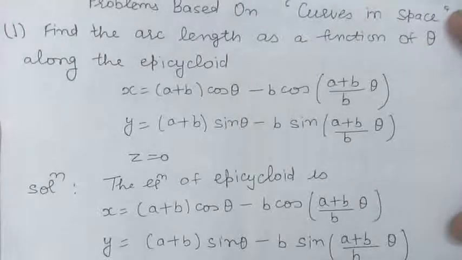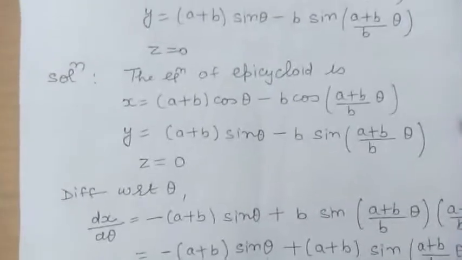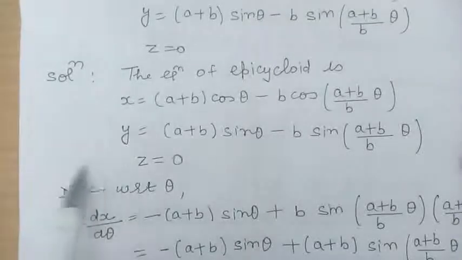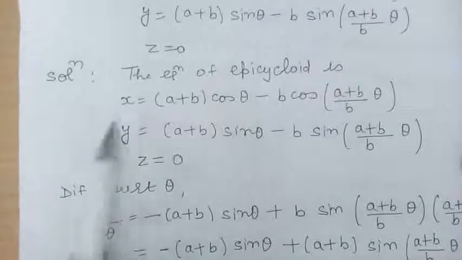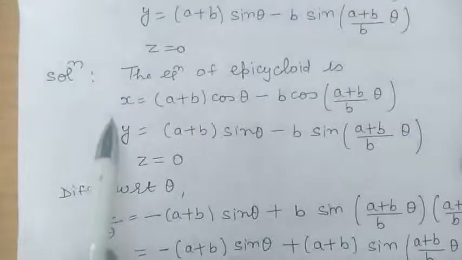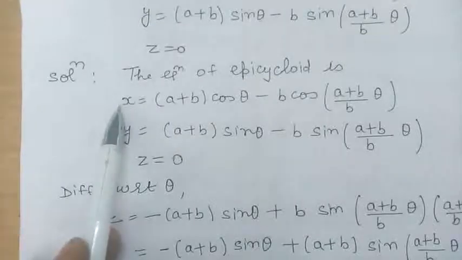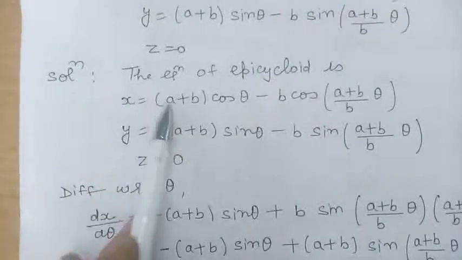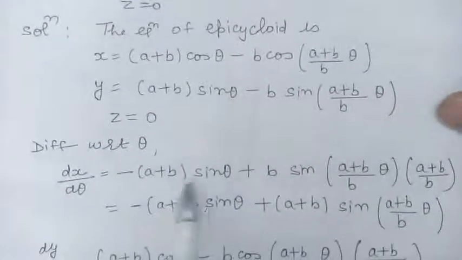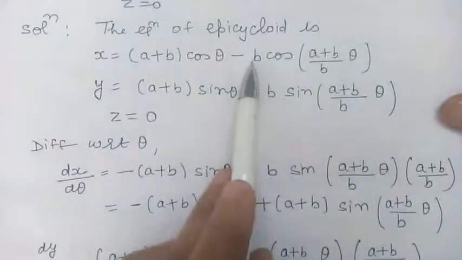Now to find the arc length, we require all the derivatives of x, y and z. So let us find the derivatives of x, y, z with respect to theta. Firstly, let us differentiate x with respect to the parameter theta. Here a plus b is constant. The derivative of cos theta is minus sin theta, and here b is constant.